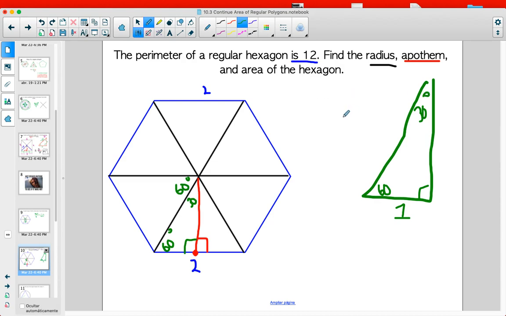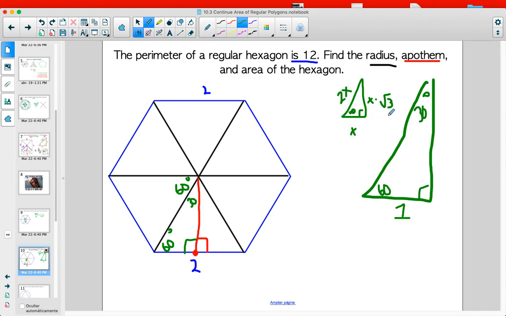Okay. Now, if you remember the pattern for a 30, 60, 90, I'm going to draw it over here. The pattern for a 30, 60, 90, I'm going to put 60 here. You can barely tell, that should be 60 right here. Okay, so across the 30, we have a number. Across the 60, we have the same number times radical 3. Boom. That's what we have. And then across the 90, we have twice that number.